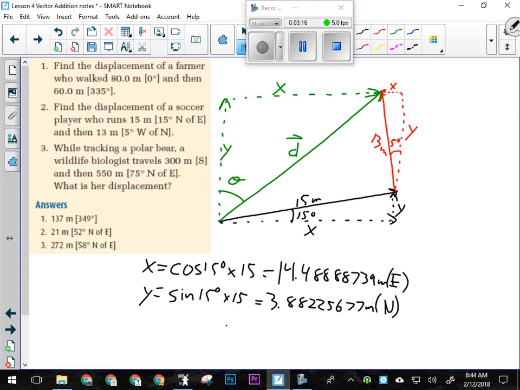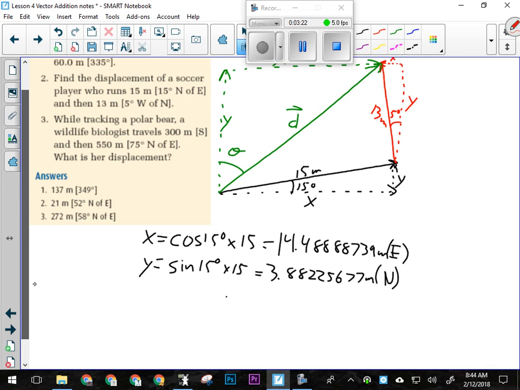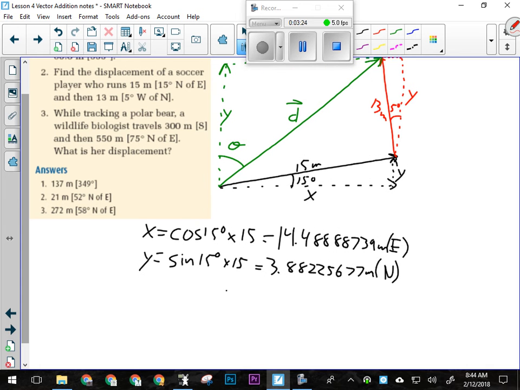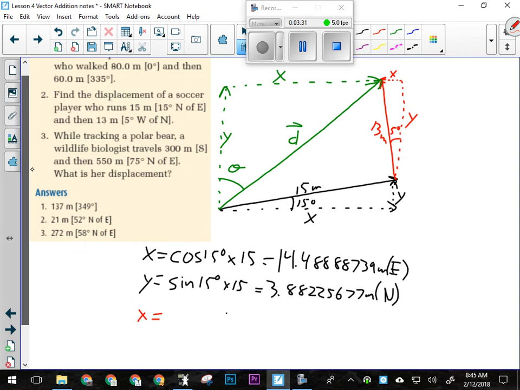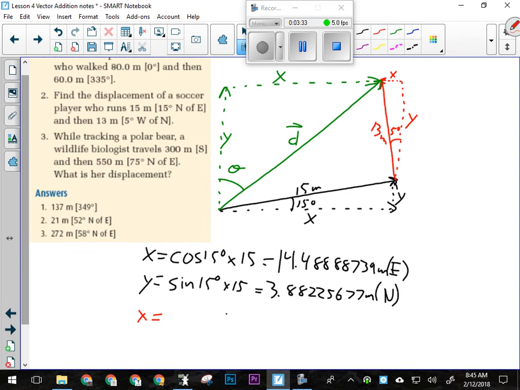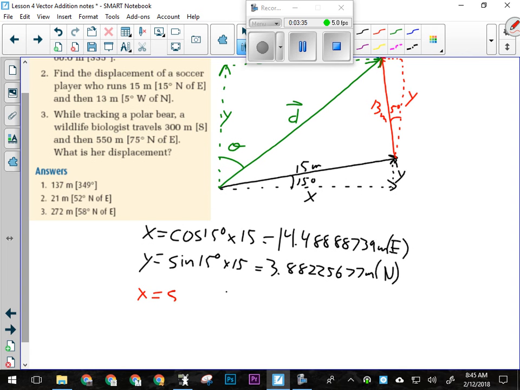Questions so far? All right, now I've got to do the same things with my second vector, with the 13-meter vector, so that's the red triangle. So red y or red x, we'll do red x first as we're doing them in the same order. Red x on that diagram is the opposite side, so I'm going to use sine to calculate it. The sine of 5 degrees times the hypotenuse, which is 13 meters.